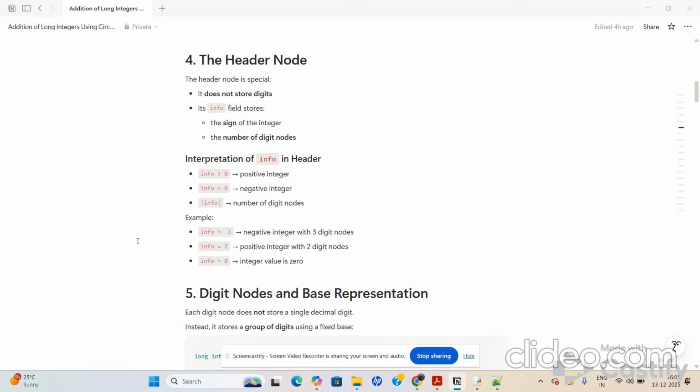After this, the very important concept is the header node. The header node is special because it does not store any digits. Instead, the info field of the header node stores the sign of the integer as well as the number of digit nodes.